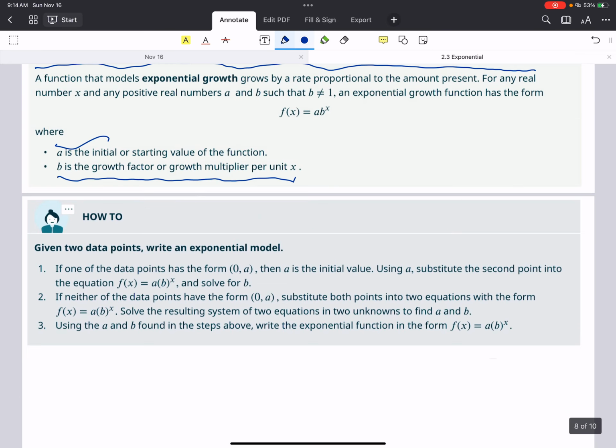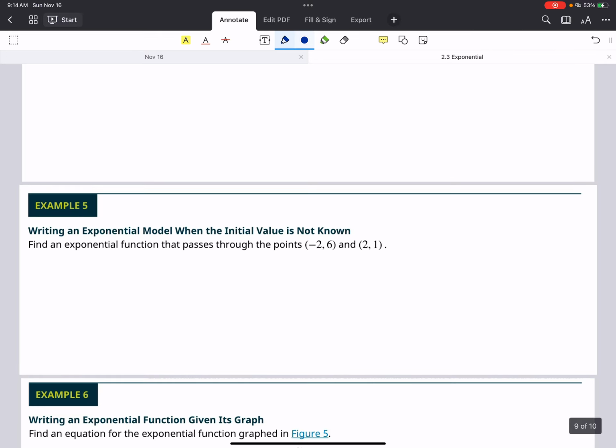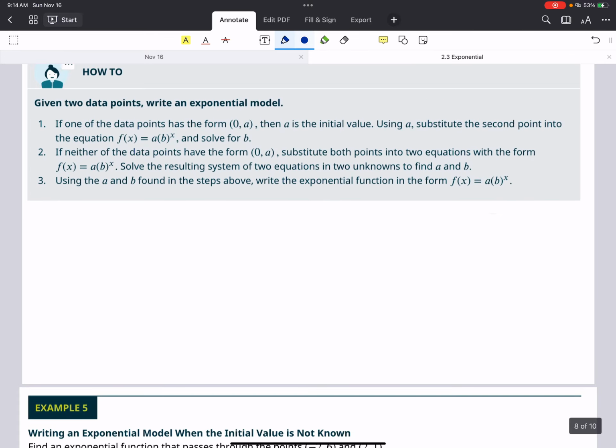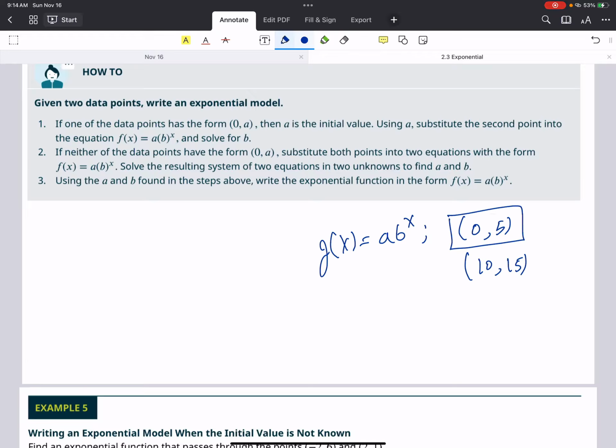Now, we're going to do an example because they didn't offer us one. Let's say you're given g of x, which equals a times b to the power of x. And I tell you, hey, this function is passing through 0, 5, and it's also passing through 10, whatever, 15. Find the exponential function. Well, the first step is to plug in this point.